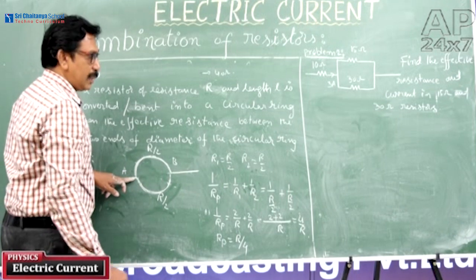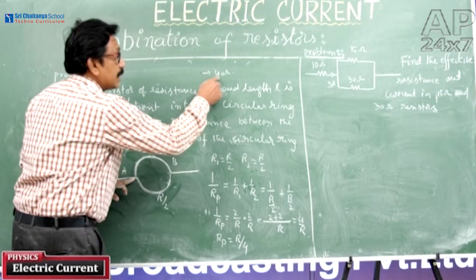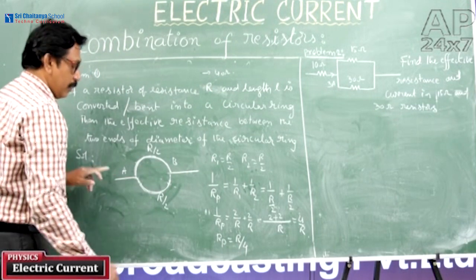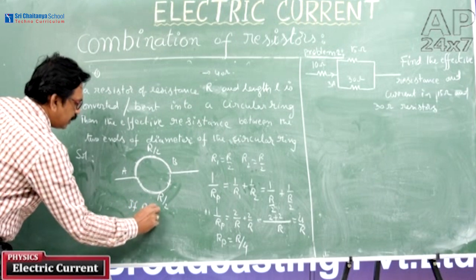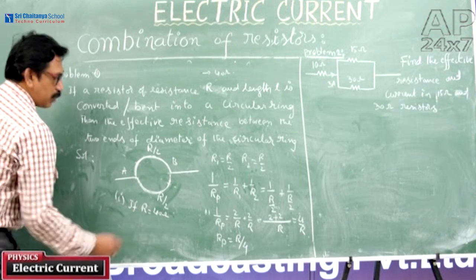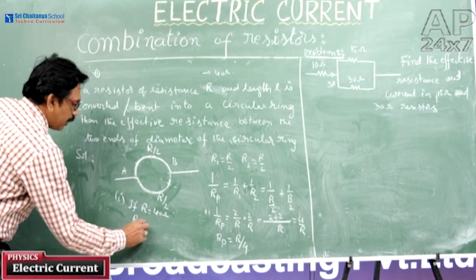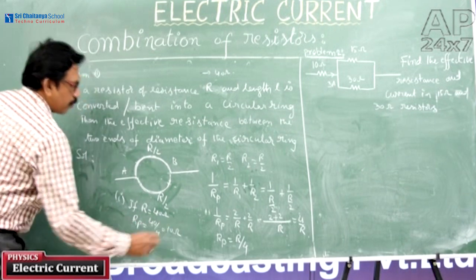You can simply say that in that case R is equal to 40, no? 40 divided by 4, it is 10 ohms. I am writing here, if R is equal to 40 ohms, what is Rp? It is 40 by 4, it is 10 ohms.